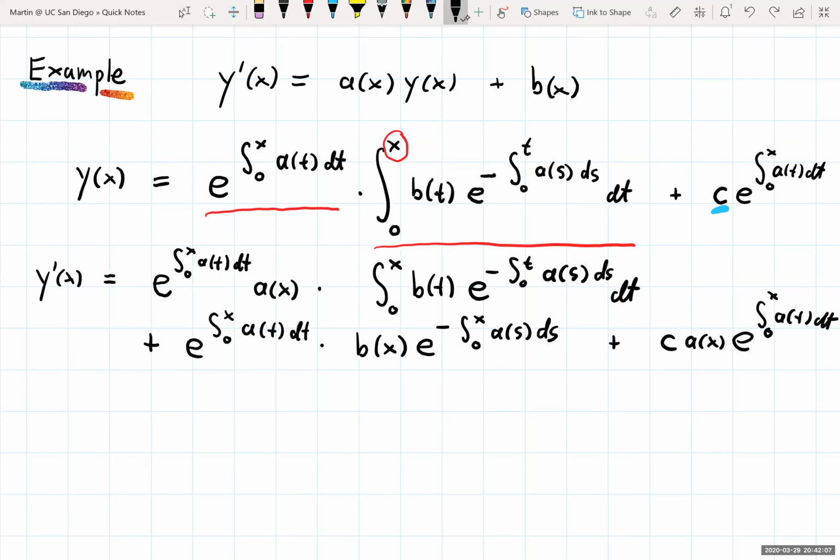We have the function y of x, including this factor of integration here, times a of x. And below here, these two factors cancel out, so what remains is b of x. Voila, everything works out.